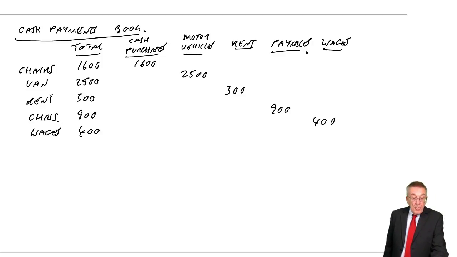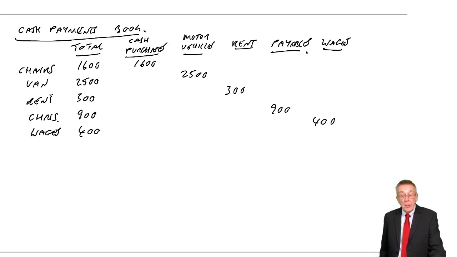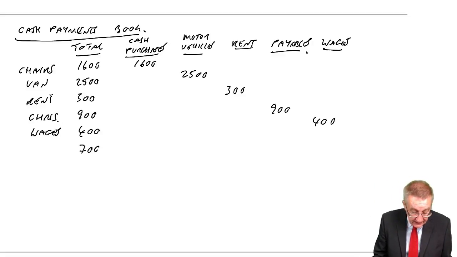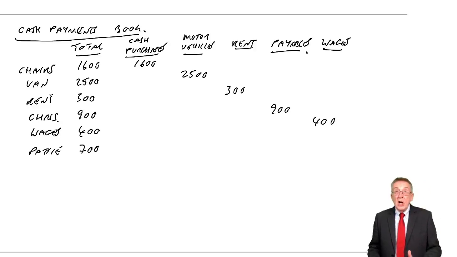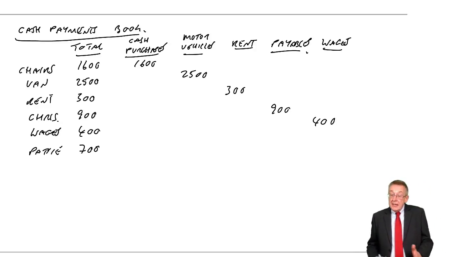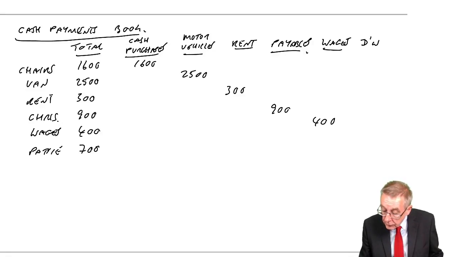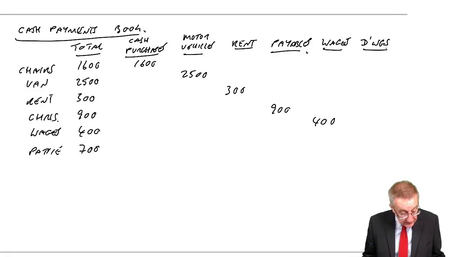And finally, Patty withdrew 700 cash from the business bank account for herself. So it's cash out of the business, it's cash payments. Patty again was the owner. And remember, anything the owner takes is drawings or withdrawals. How much was it? 700.